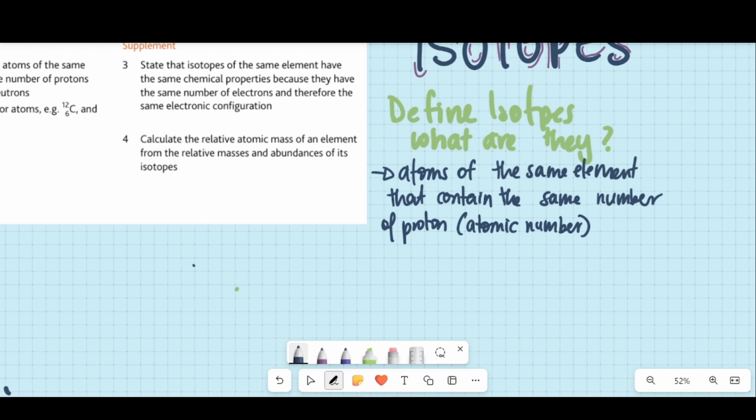The same number of protons but a different number of neutrons.